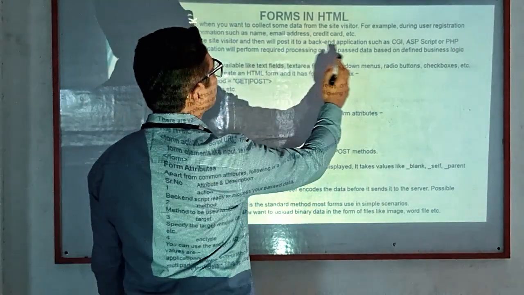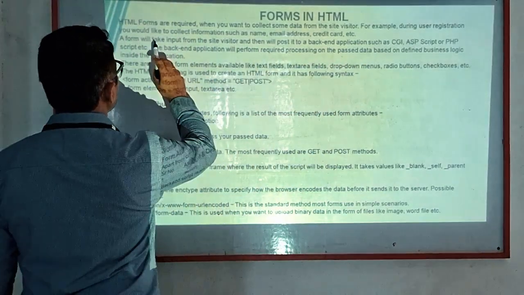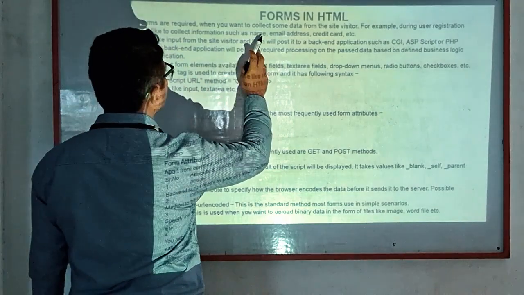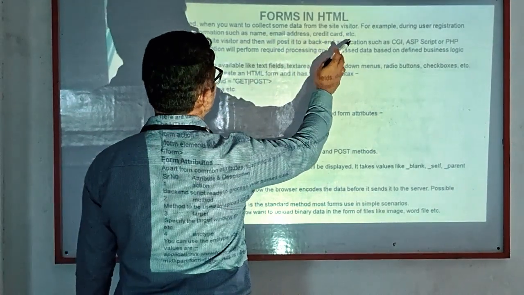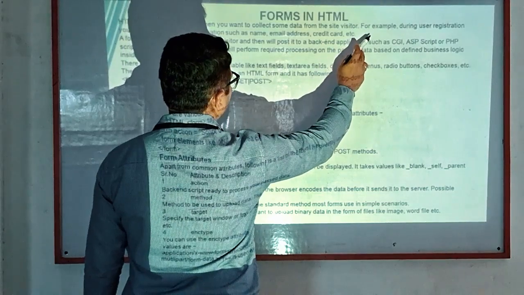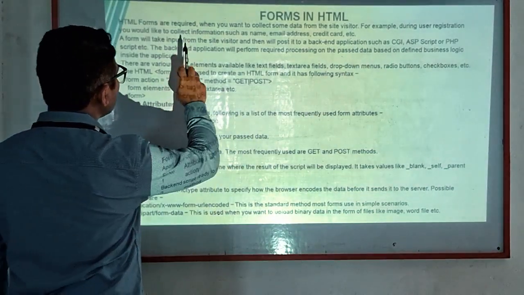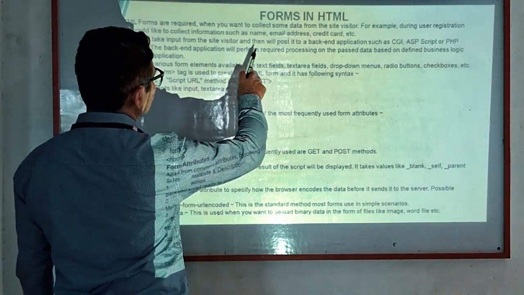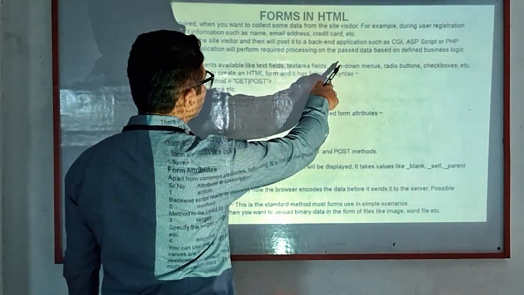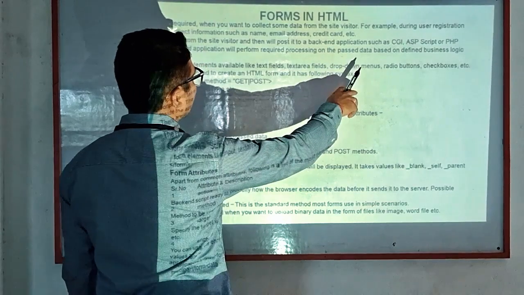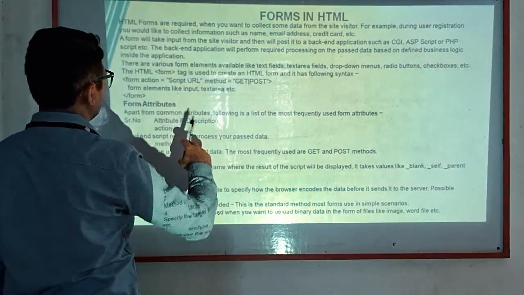For example, during user registration you would like to collect information such as name, email address, credit card details, and mobile number, etc. A form will take input from the site visitor and post it to backend applications such as CGI, ASP scripts or PHP scripts.